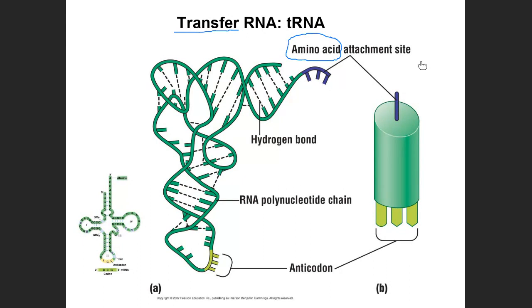You've got the main person that's cooking the meal or doing the repairs, and then you have the assistant that's responsible for bringing the necessary supplies. So in this case, transfer RNA helps assist the ribosome in translating the codons that are in mRNA.